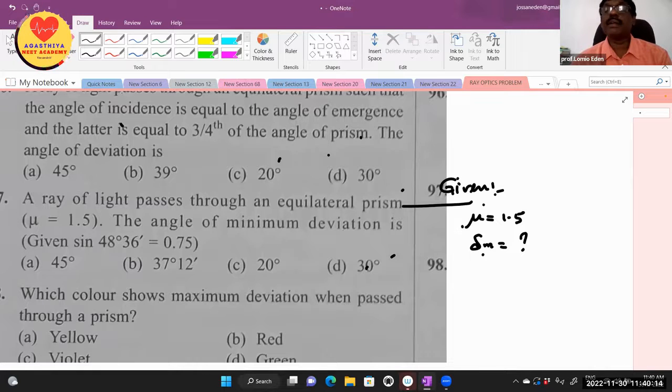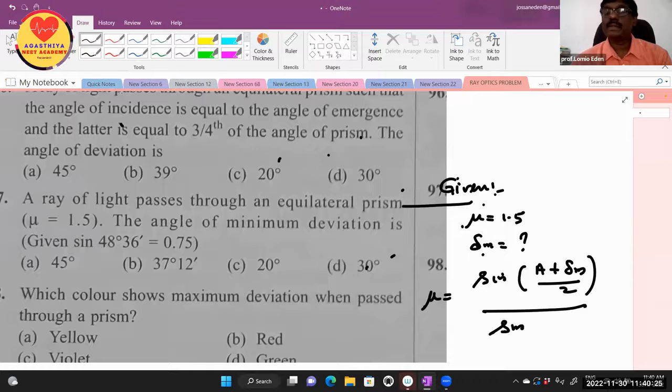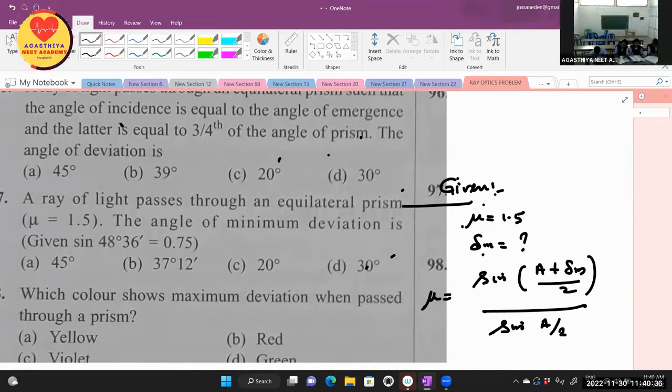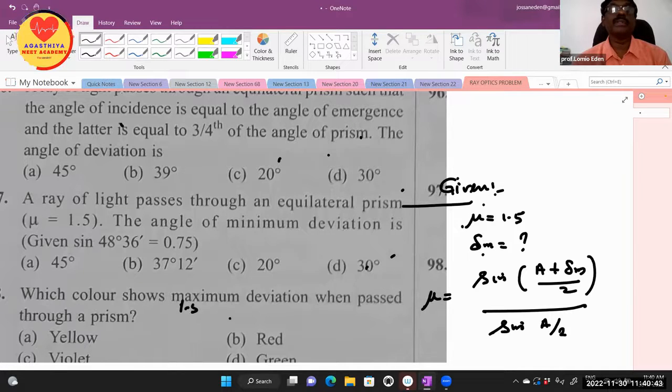We have the formula mu is equal to sine of (A plus delta m) divided by 2, divided by sine of A by 2. Using this formula, we can find out the delta m. Now, mu is given as 1.5.